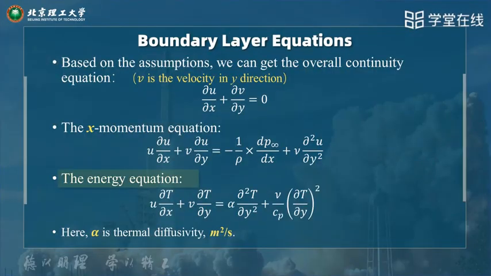The last one is the energy equation: u partial T over partial x plus v partial T over partial y equals alpha partial squared T over partial y squared plus mu over cp times partial u over partial y, squared.